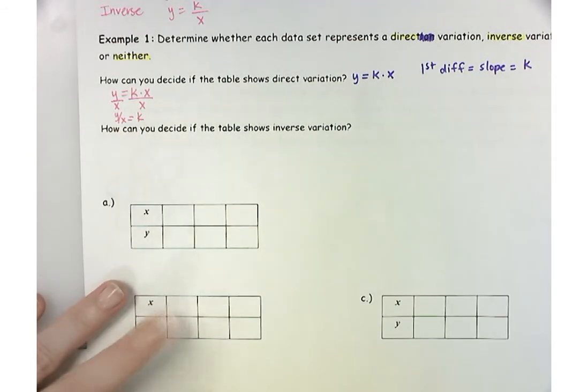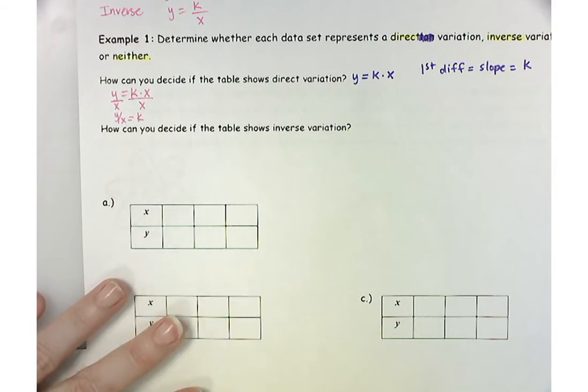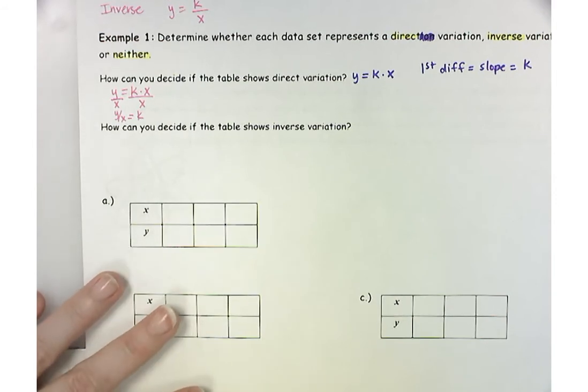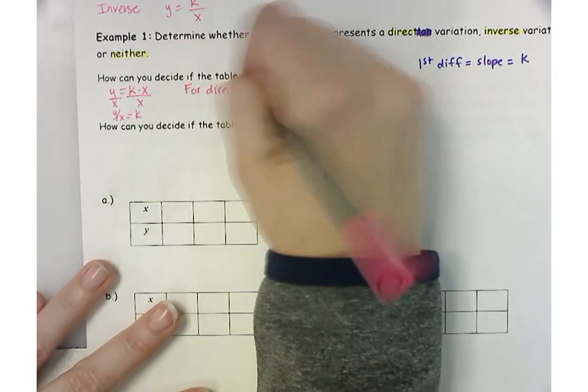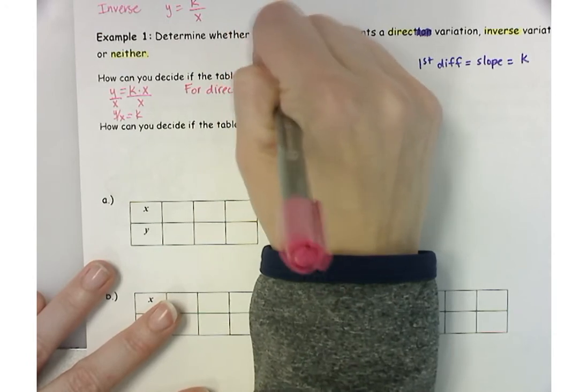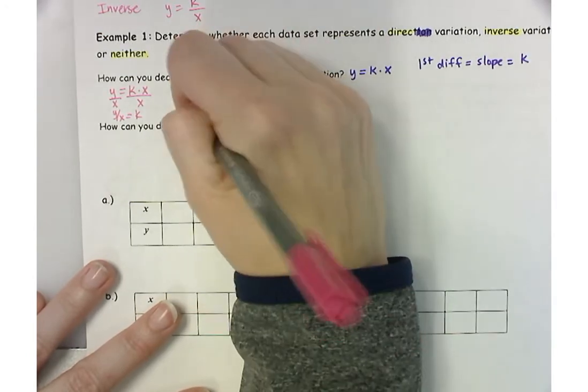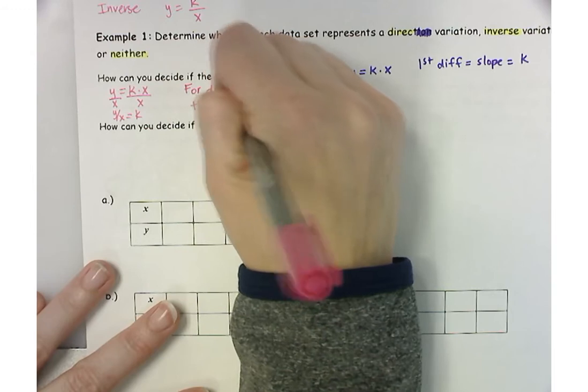Okay, so for direct variation, the ratios y over x need to be constant.